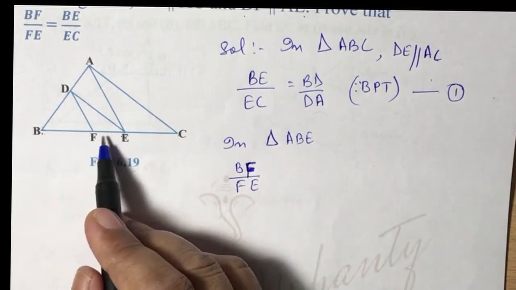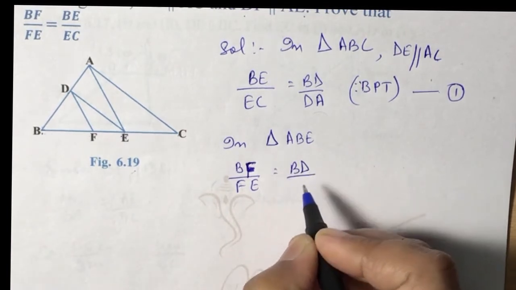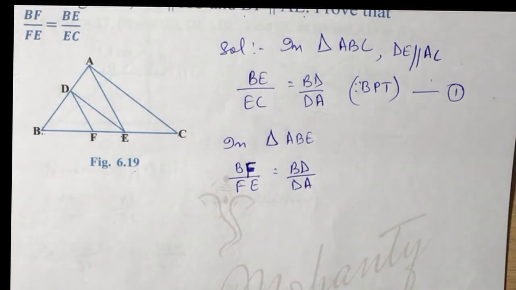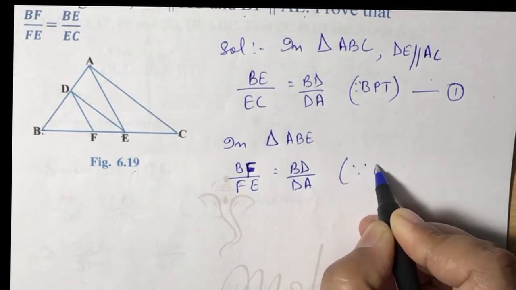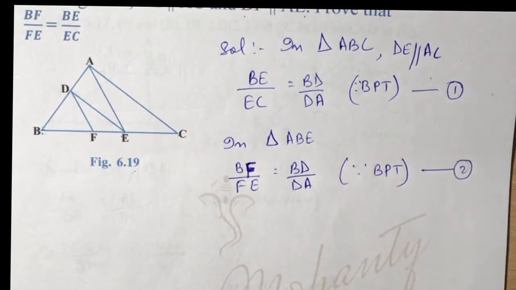BF by FE is equal to BD by DA. Okay, again, what is the reason behind this? Basic proportionality theorem. Name it as equation number 2.